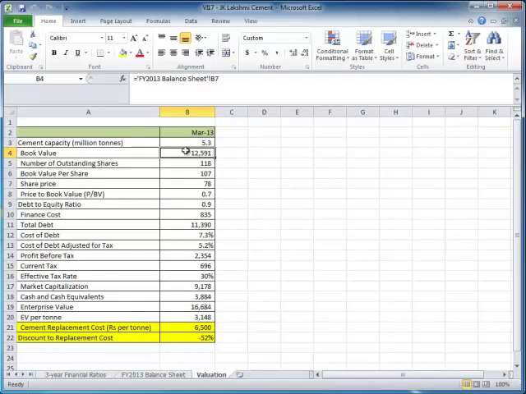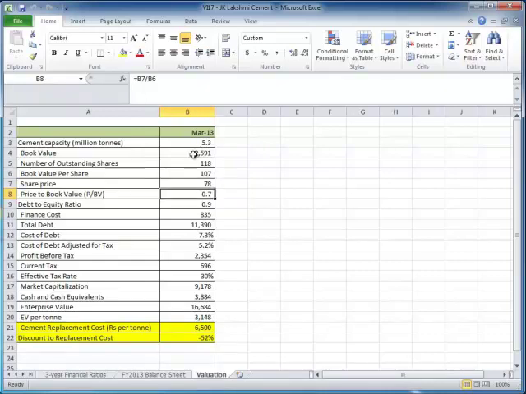The book value is what we had on the balance sheet, 12,591, and that's in millions. We have number of outstanding shares, also in millions, and then the book value per share is simply the total book value divided by the number of outstanding shares. Next we have the share price, that's 78 per share.